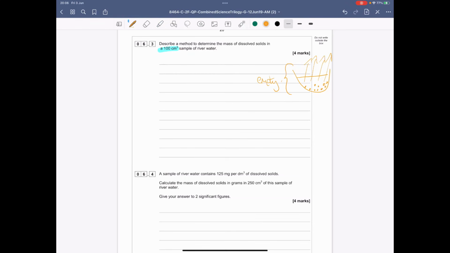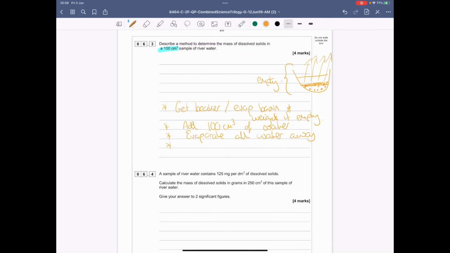So it's told us that we've got 100 centimetre cubed of water. So what I would do is I would start off, you get your beaker, let's say we're just doing it in a beaker or evaporating basin, and weigh it empty. So you get your starting reading. You would then add 100 centimetre cubed, because it's told you it has to be 100 centimetre cubed of water. You would then evaporate all water away, and that would leave you with the solid salts at the bottom.